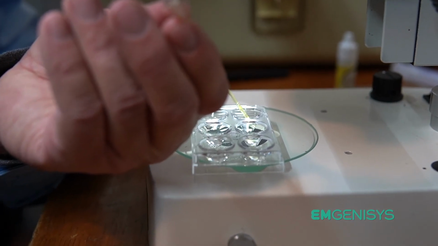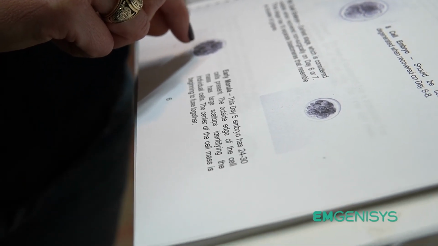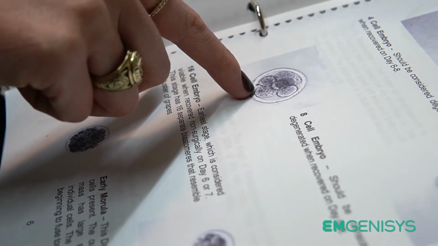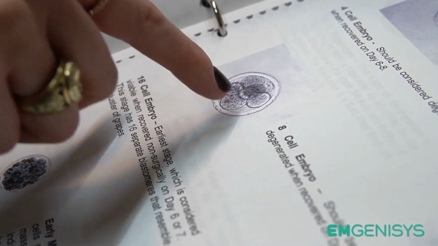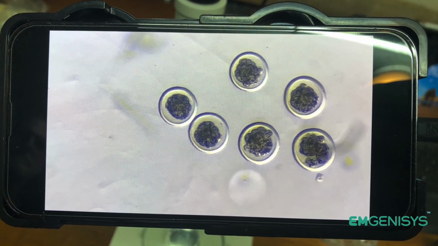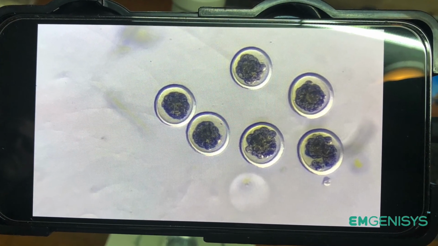Once all embryos are located, they are examined at a higher magnification and classified according to their development stage and morphology. This is a subjective analysis, which is solely based on the examiner's ability to evaluate visually apparent characteristics of the embryo.